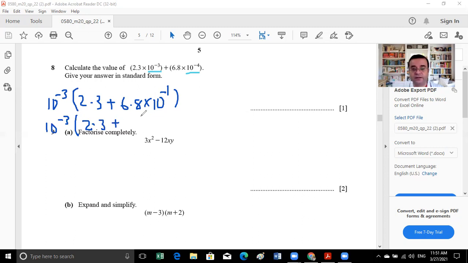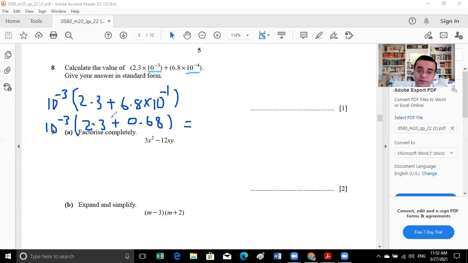Correct? Do it. 6.8 in your calculator, divide 10. What do you get? 0.68. Divide. Okay, my friends? Right. So this one can be written as 0.68 plus 2.3.